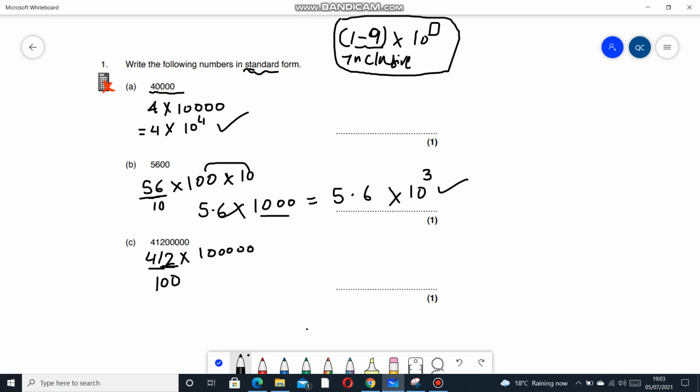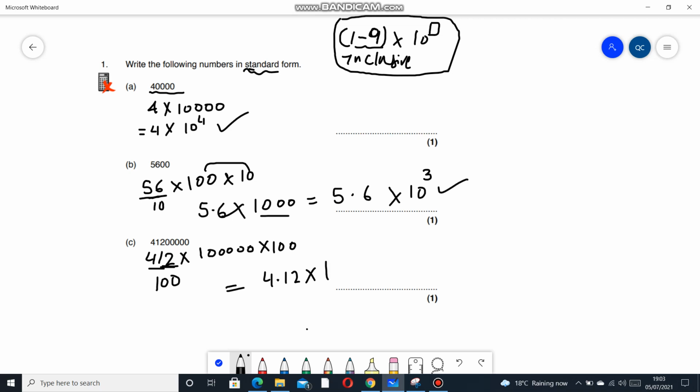Because I cannot even take 41, I can only take 4. And then times it by 100, because if you times and divide in operations, you have to do both to cancel the effect of one thing. And you know that 412 when divided by 100 becomes 4.12, and you merge this 100 along with the 100,000.